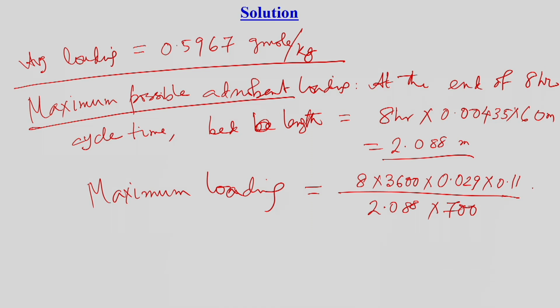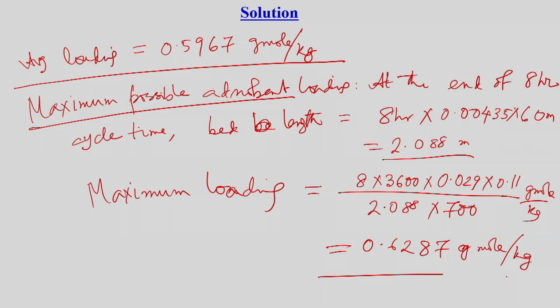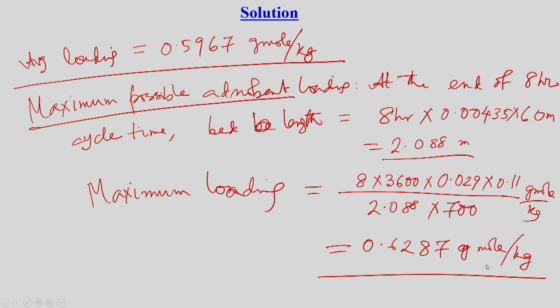That is in gram mole per kg. It is coming out as 0.6287 gram mole per kg. So, this is the last answer: the maximum loading required for this adsorption process is 0.6287 gram mole per kg.